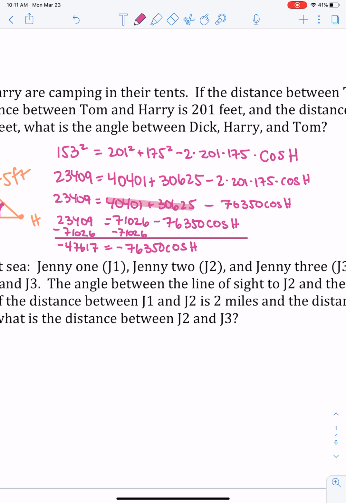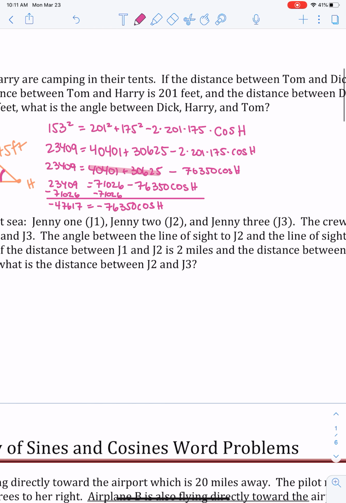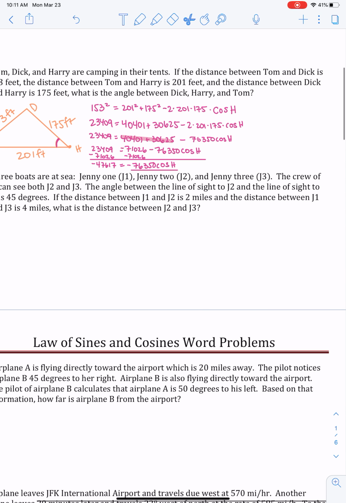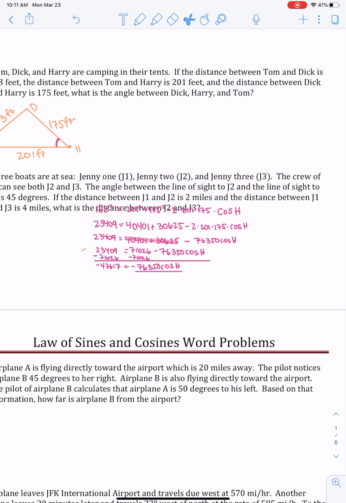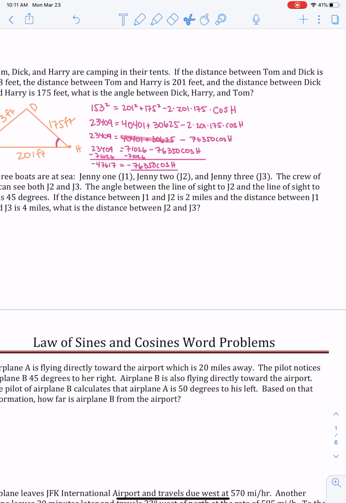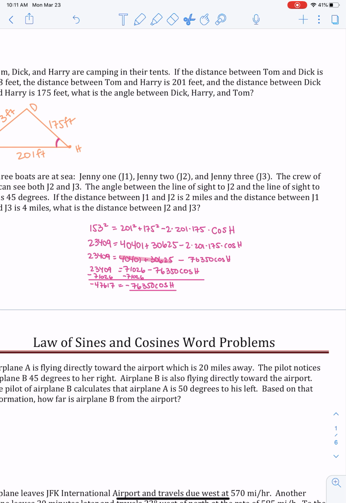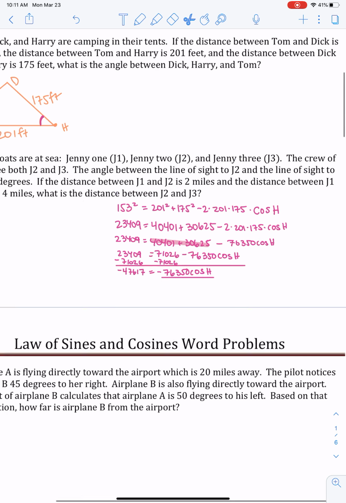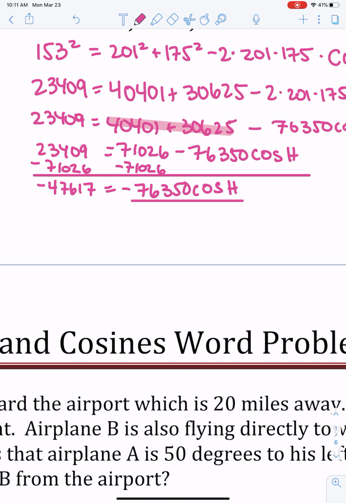I'm going to divide both sides by this number. Oh, running out of room. I'm going to move this so I have more room. Divide both sides by negative. Again, don't forget that. I'm just saying that because I did last time I did this problem, and it messed everything up.